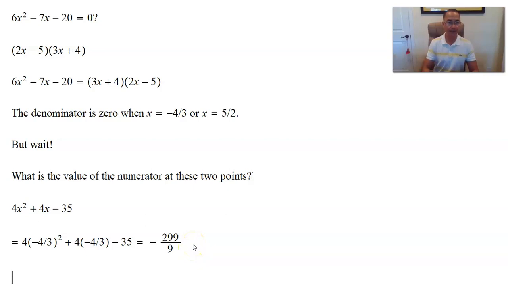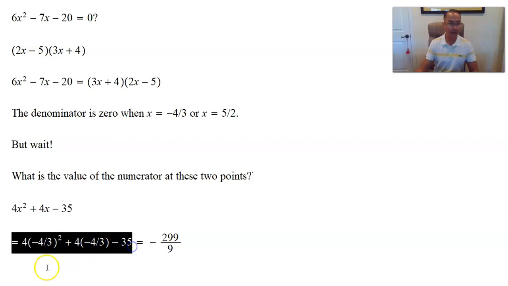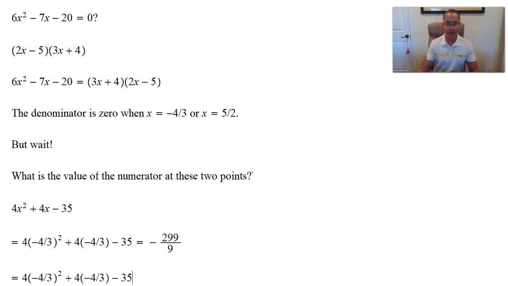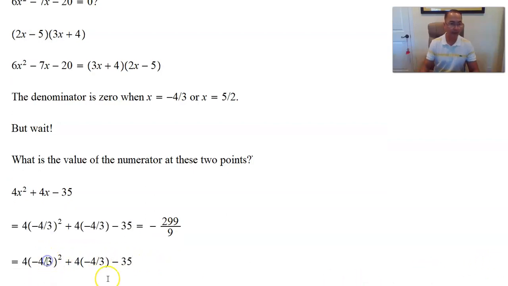But what about 5/2? This time we will plug in positive 5/2, squared, plus 5/2, minus 35, and what do we get? We get 0. So what does that mean? Both the numerator and denominator are 0 at x equals 5/2.